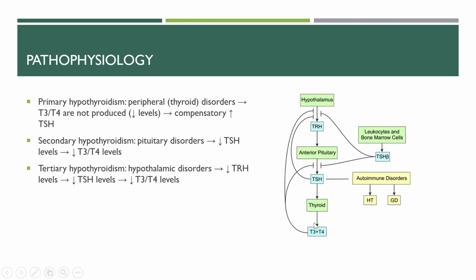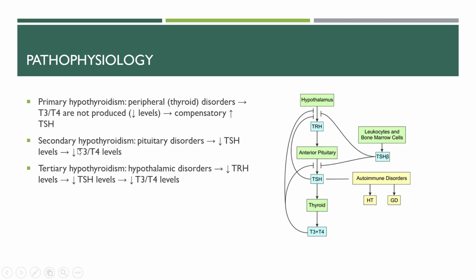We look at the chain going down. So in primary, what do we see? There is usually a thyroid disorder where your T3 and T4 are low. Then your TSH has a compensatory rise. As you can see here, if this goes down, then this one has to come up a lot.